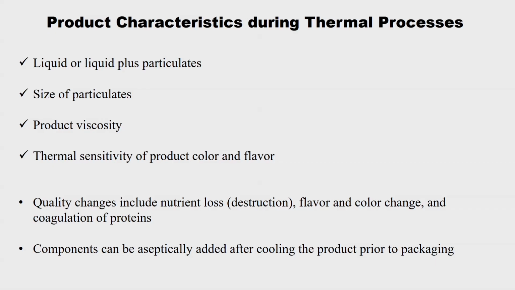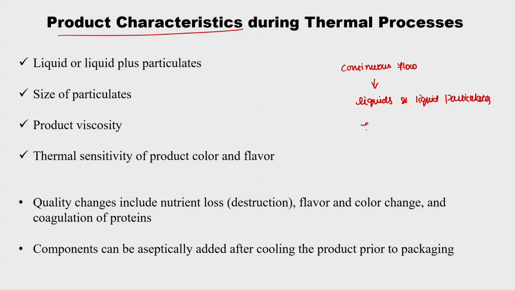So, now we are going to see how the product characteristics during thermal processes affect equipment design. Why are we discussing product characteristics here? I already told you, aseptic processing is done in continuous flow, and continuous flow is done for liquids, and liquids that contain particulates.